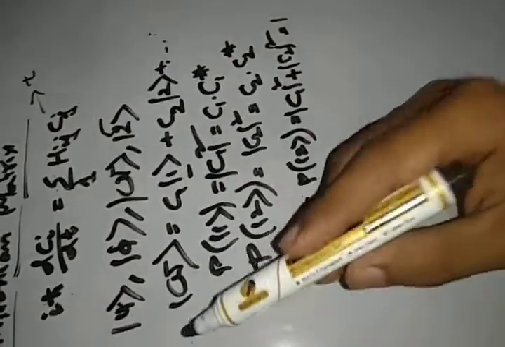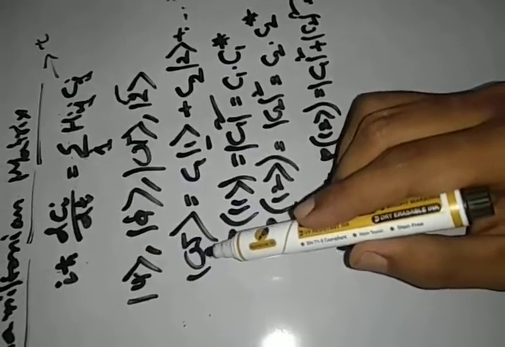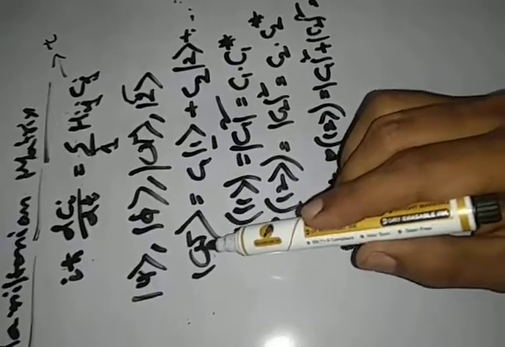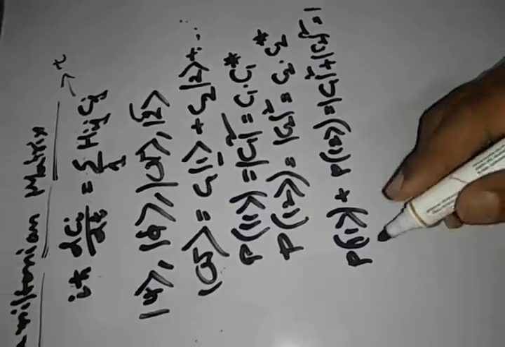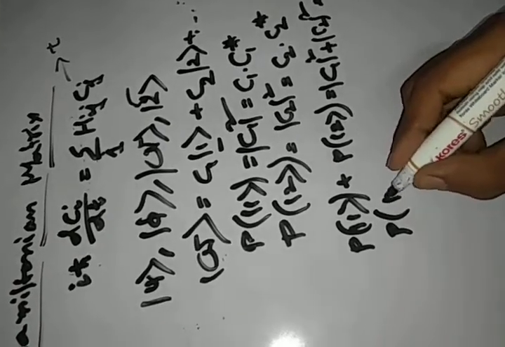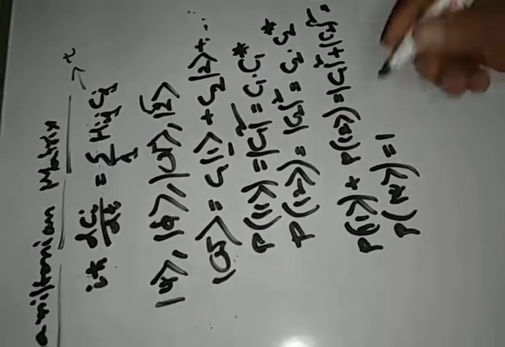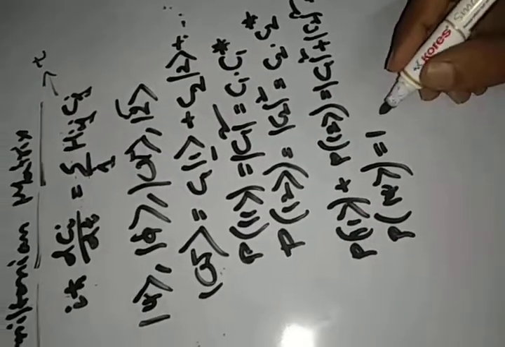Similarly, if we know the state is in this state, then the probability that we will find it in this state is 1. We know that it is in this state.